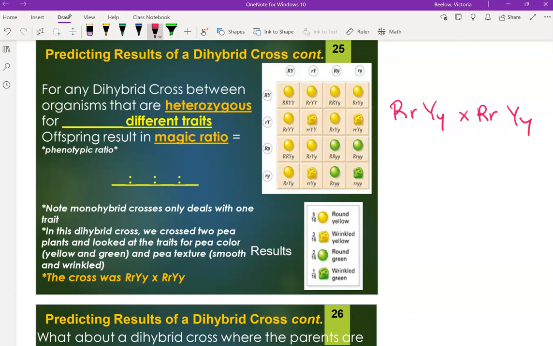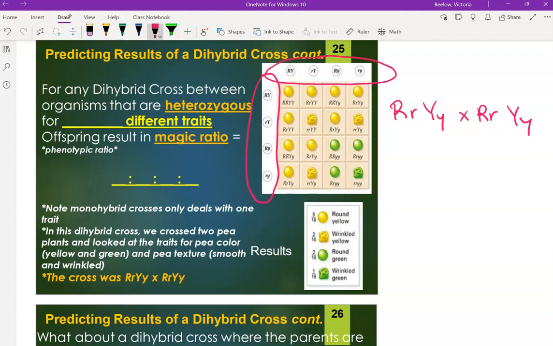Now this looks a little different because we're talking about two traits at the same time. Again, each parent can pass on one letter, or one allele, to the offspring. So you can see here all the possible alleles that can be passed on to the offspring.